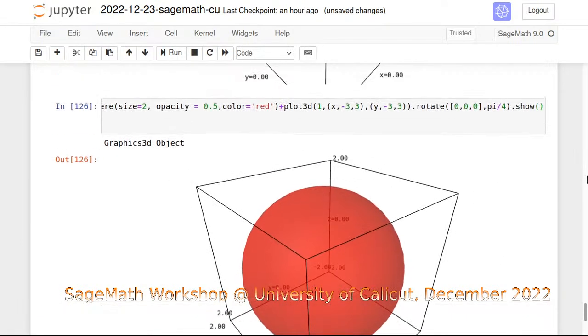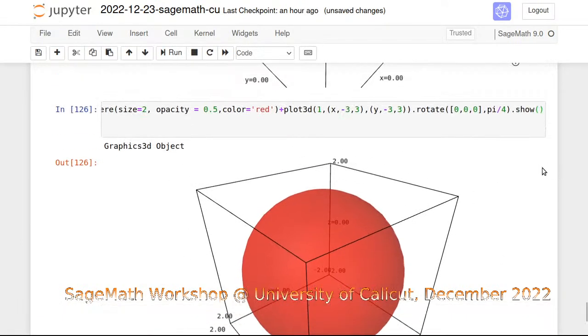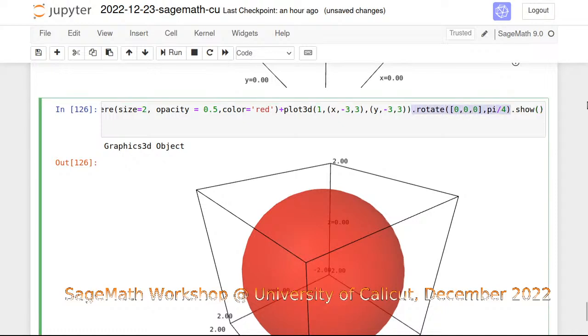Okay, what happened to this? If this is not there, oh, probably this show is working only with this. Okay, the entire picture needs to be rotated, not just one part of that. That's probably the problem. Okay, let us try to change this slightly.